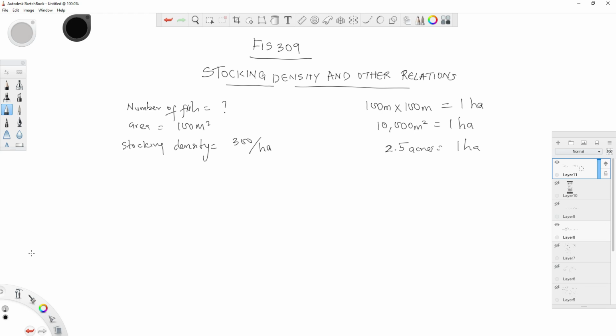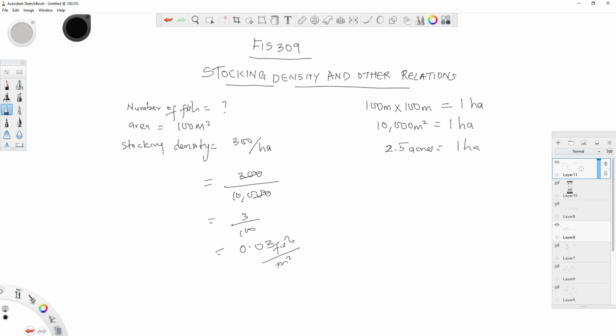So converting it to per meter square, you already know 1 hectare is 10,000 meters square. So convert 300 over 10,000, that's 0.03 fish per meter square. So this is the actual stocking density.